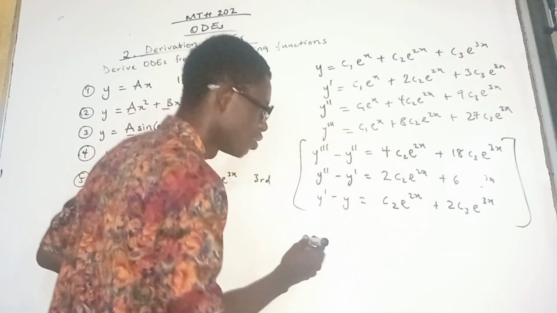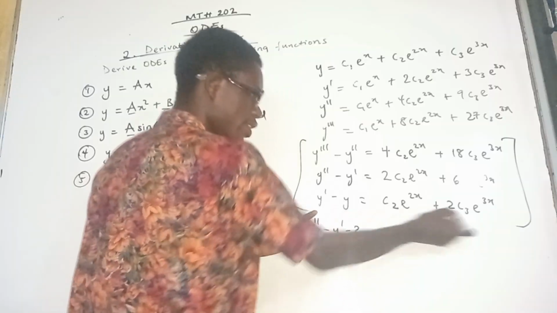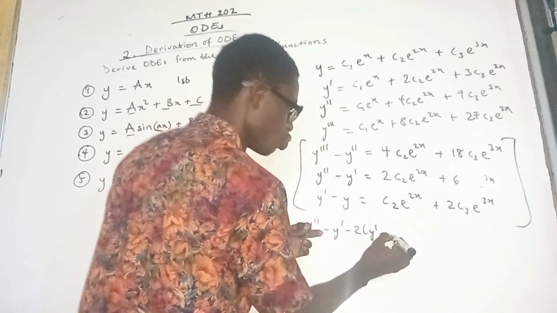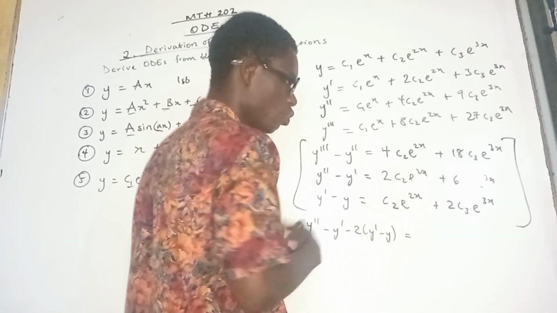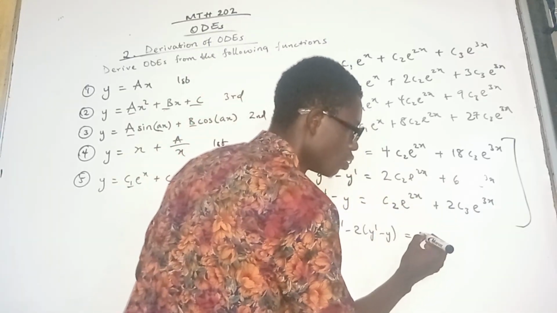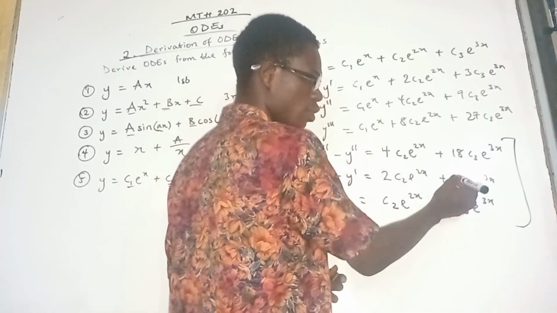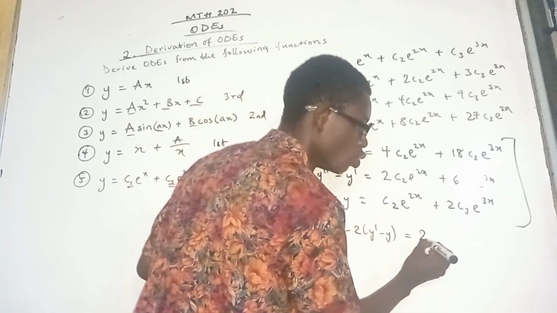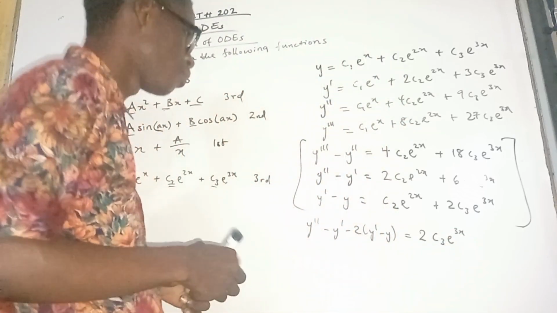So I have something like this now. Y double prime minus y prime minus 2 of this minus 2y prime minus y will give me 2c2 minus 2c2 eliminated. 6 minus these 2 will give me 4, right? So that would be, oh, we multiply 2 by 2, 4. 6 minus 4 gives me 2c3 e raised power 3x, right?